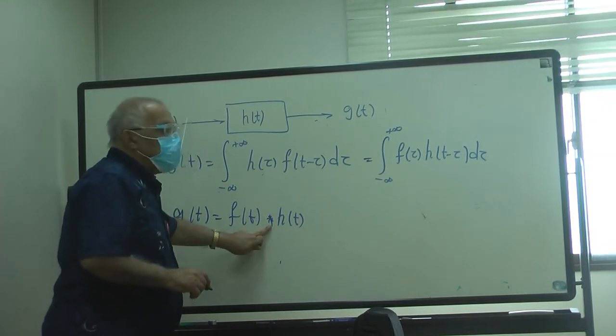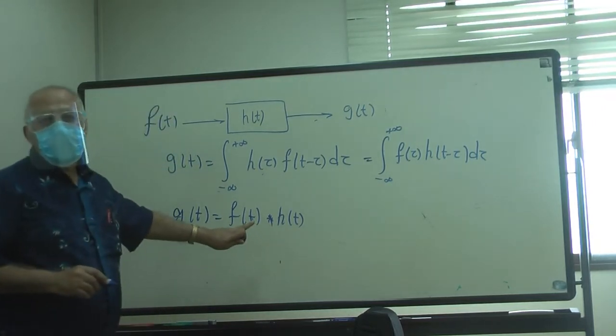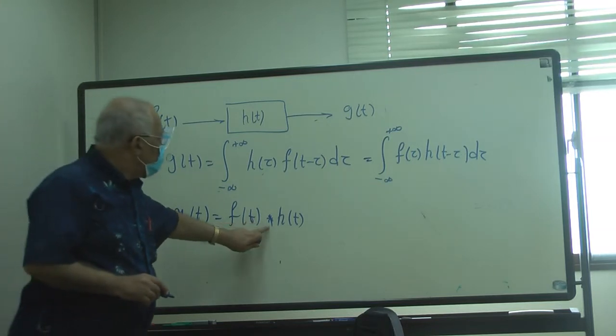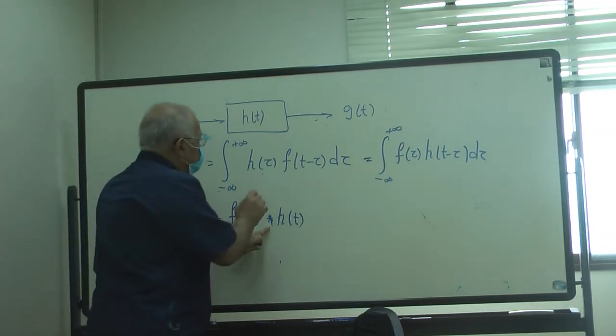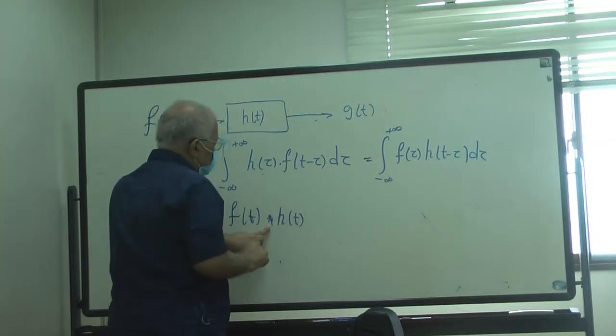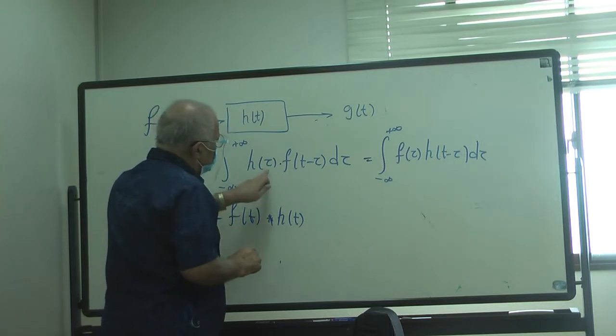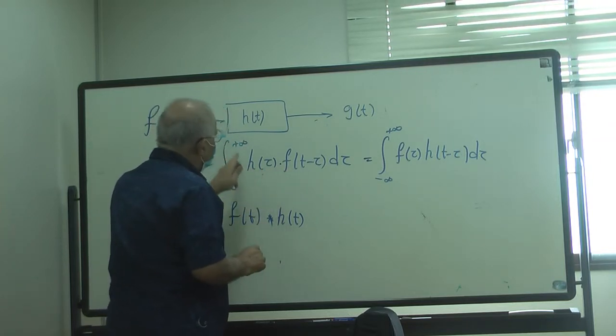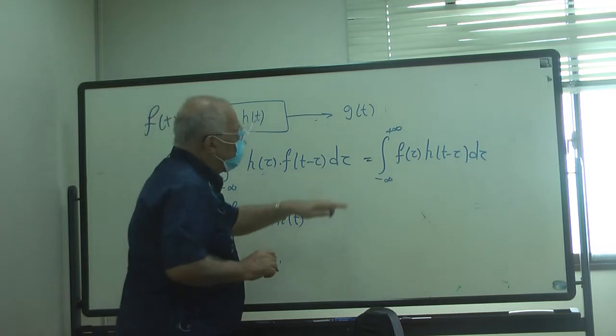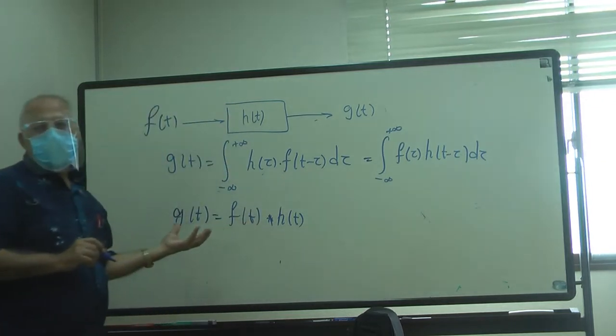This doesn't mean normal multiplication. This is a complicated convolution integral, so we show it by an asterisk here. This looks like just multiplication, but you are integrating, and this is convolution.